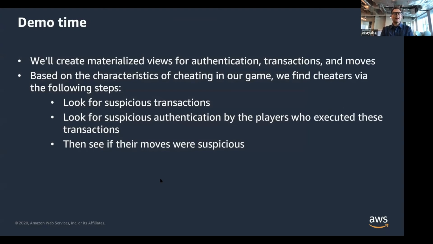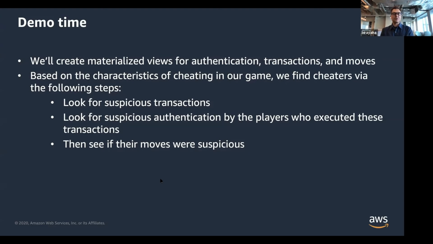Okay, so let's try and see these things in action. The way we do it, we created materialized views for the three dimensions: the authentication, the transaction, and the encounters, the player moves.